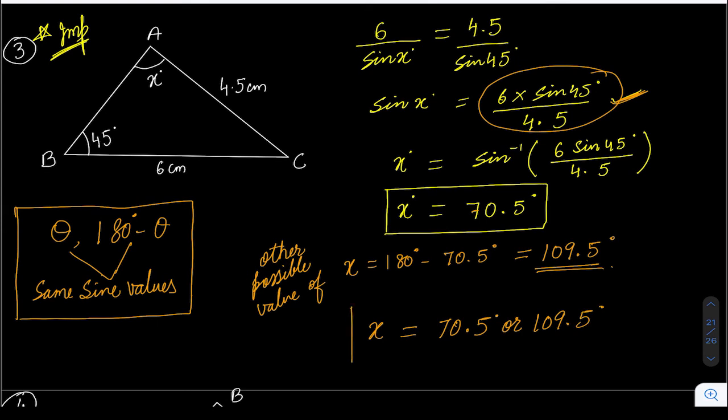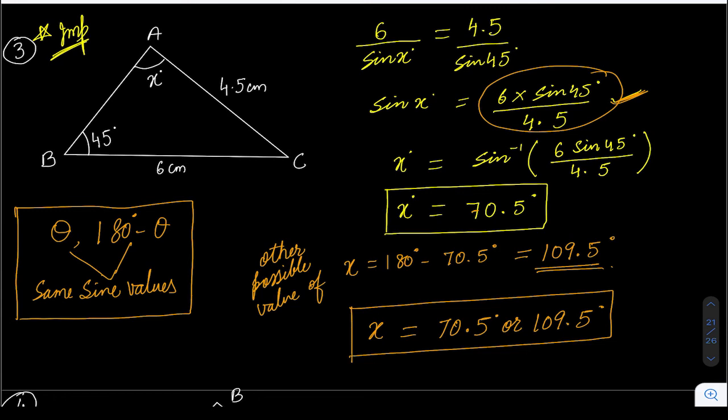Now let me just explain this again in case some student is unable to catch this. It is simple logic. You can use your calculator right now and see that sine of 70.5 degrees is the same as sine of 109.5 degrees.